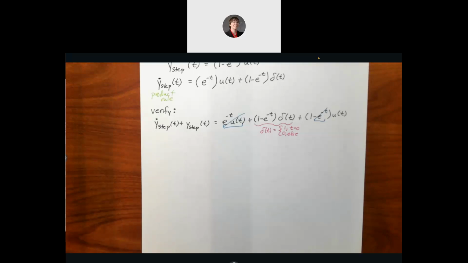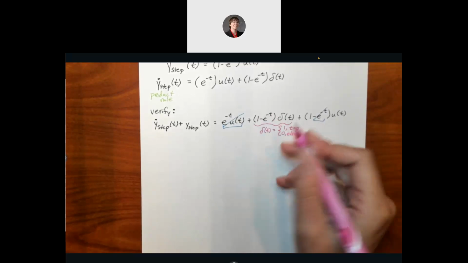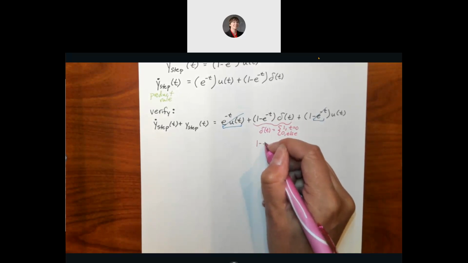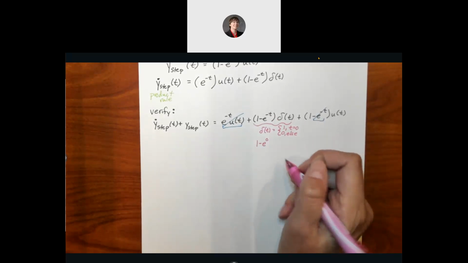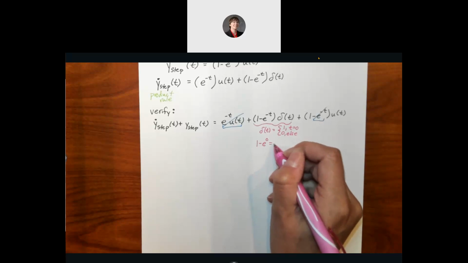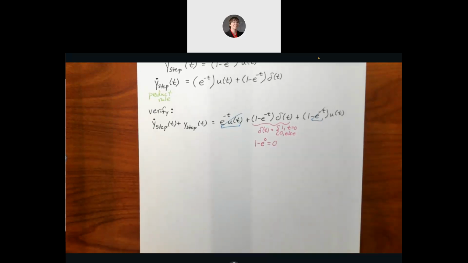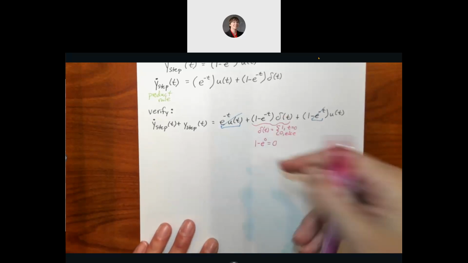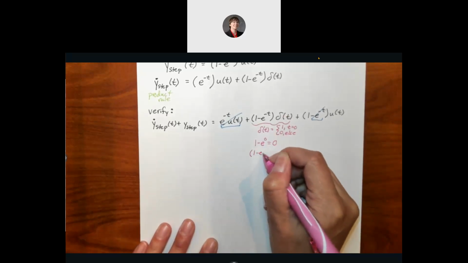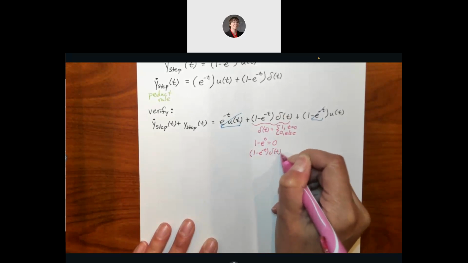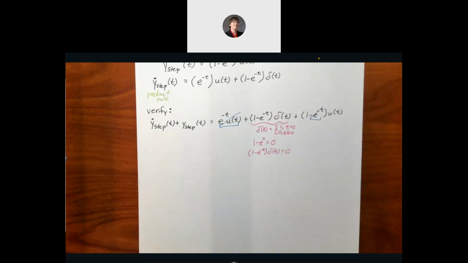So the only point that actually matters to us is the value of this signal at t equals 0. If I substitute in t equals 0 here, e to the 0 is 1, we have 1 minus 1 is 0. So when I do this multiplication of these two signals, it turns out to be identically 0.